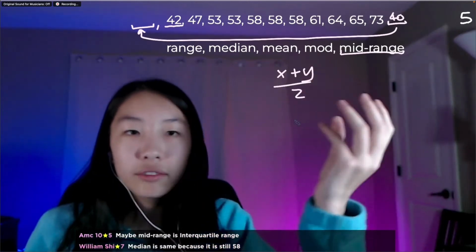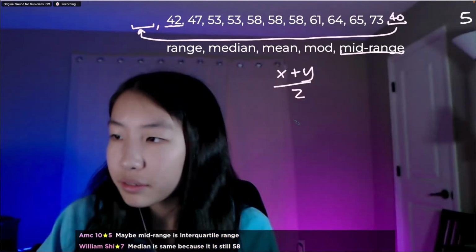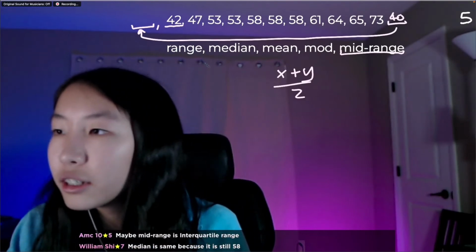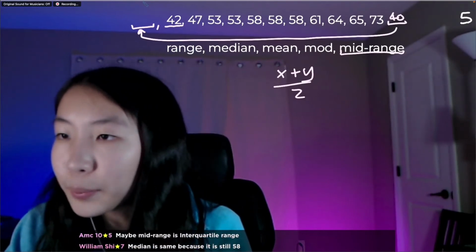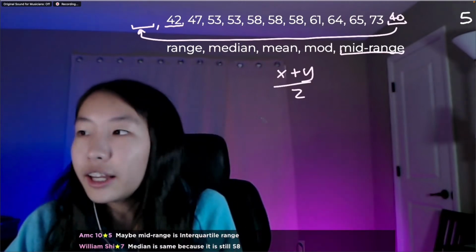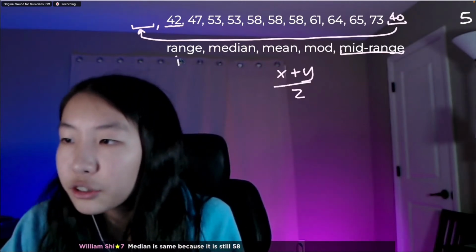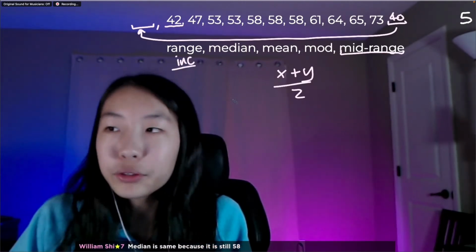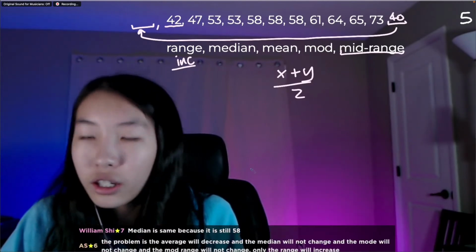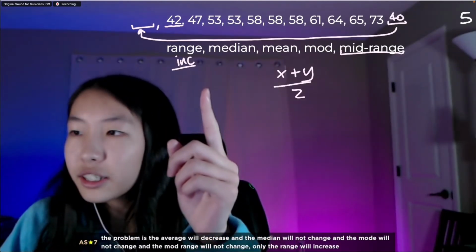But if we look through all of these options here, we know for a fact that the range is going to increase because we just added a smaller number to the set. So we can just be done here, but let's go through all of the other numbers first. We know that the median is okay.